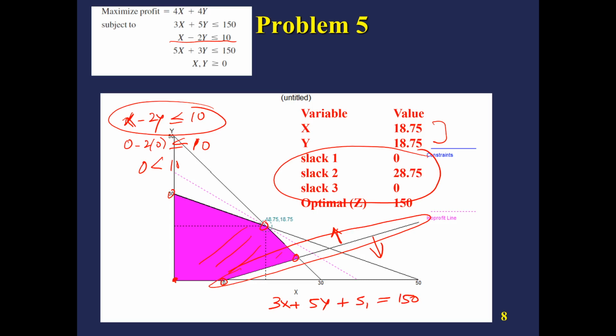So once you have your values of x and y, plug in those values, you get the slack. All right. For the second constraint, slack is 28.75, which means that this constraint is not binding, and we have a slack value of 28.75, unused resource.